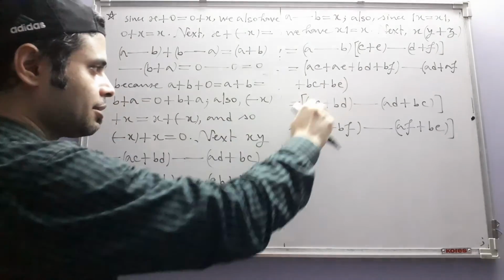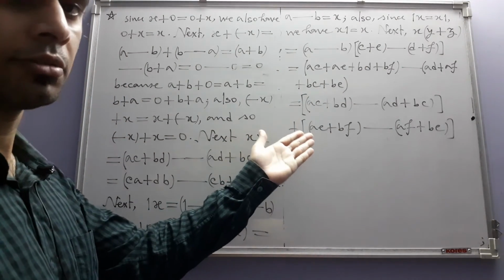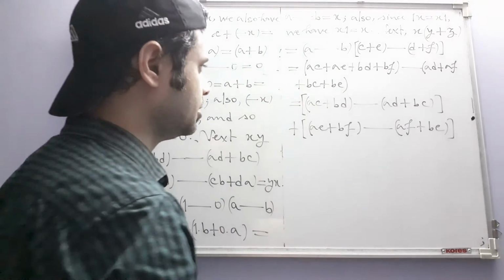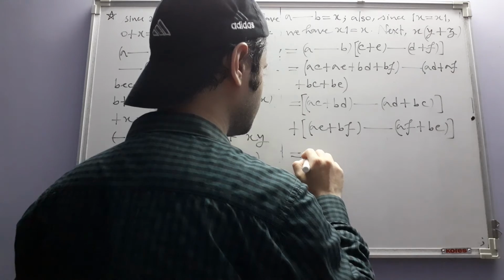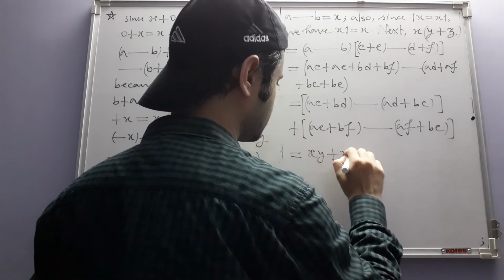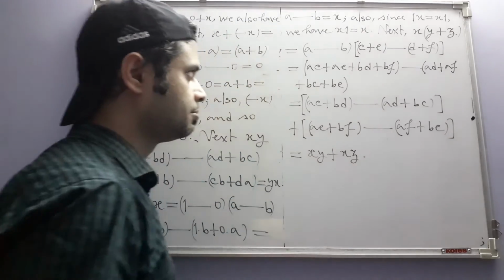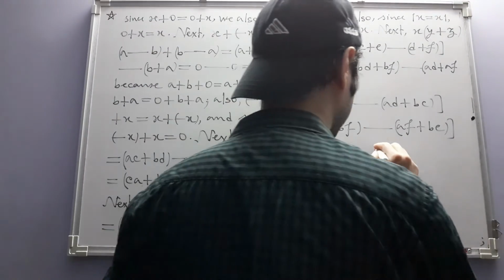In place of this I can write this, because according to the definition of addition of integers we have this. Now if you look carefully, this is nothing but xy, and this one is xz. So we have the left distributive law.